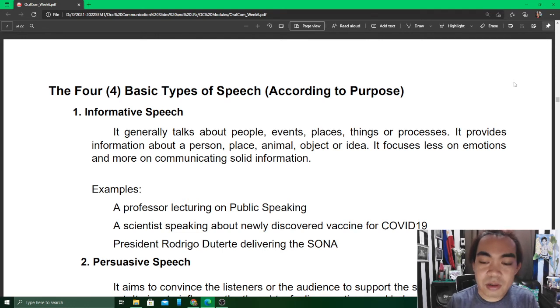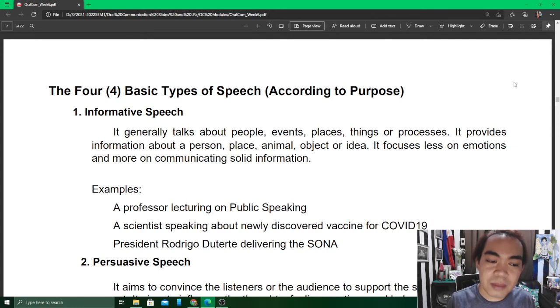Another thing that we have to remember, it focuses less on emotions and more on the communication of facts or solid information. The speaker just wants to inform you, regardless of your mood or their own emotion, or what they feel about what they are delivering; it doesn't matter. What matters is that they say what they want to say.